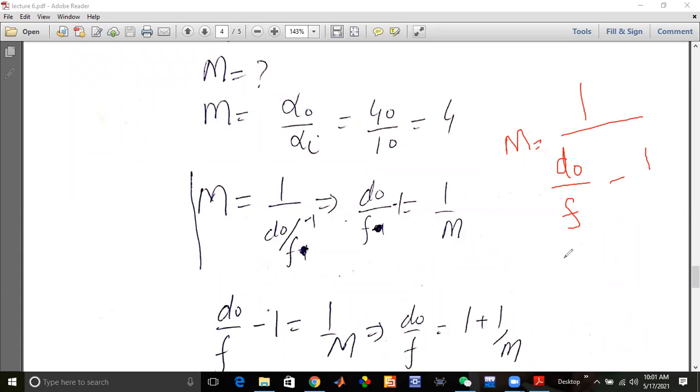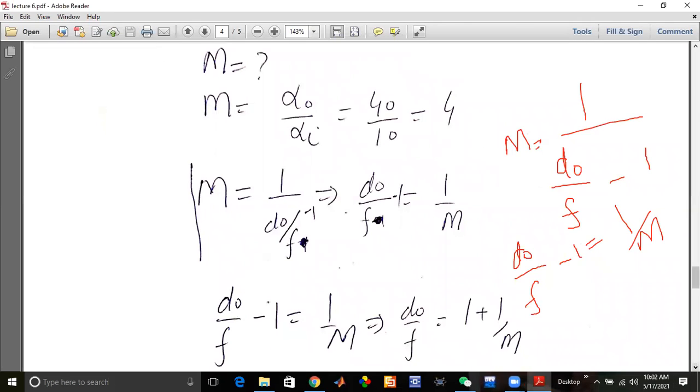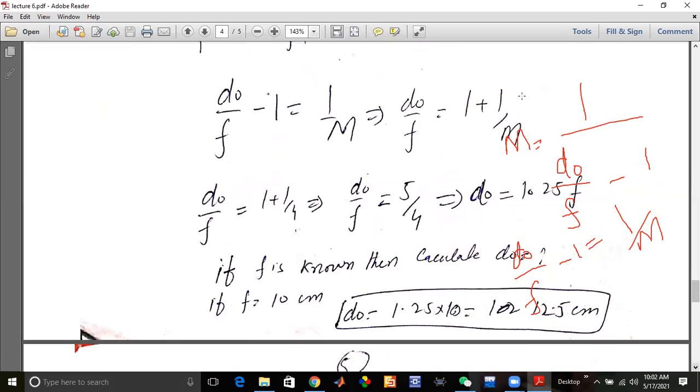If we take the reciprocal of both sides, d naught by f minus 1 is equal to 1 over m. So d naught by f is equal to 1 plus 1 over m. If we write the values, 1 plus 1 over 4, since the value of m is 4.